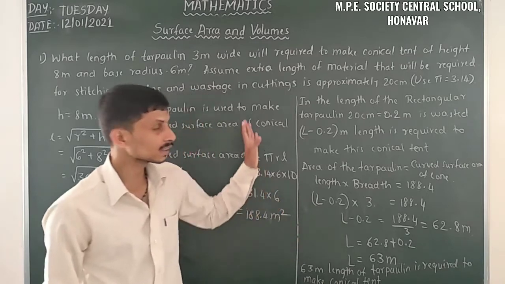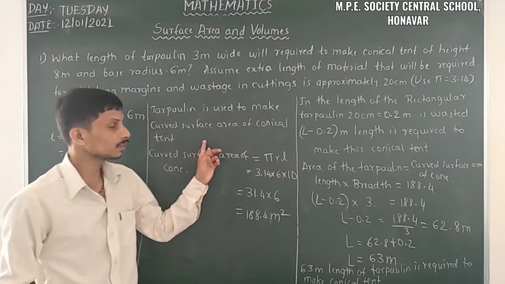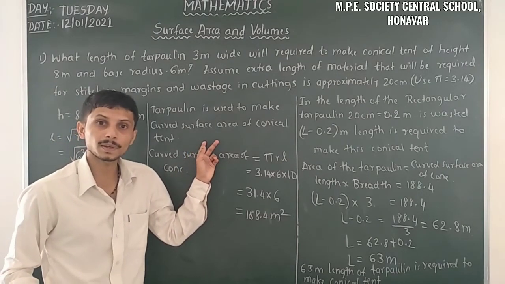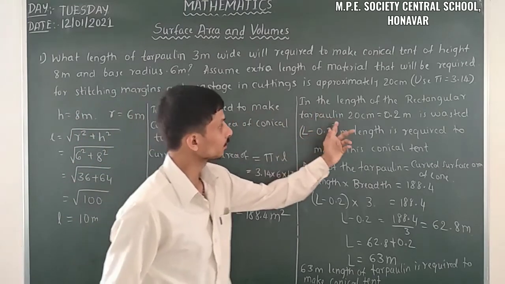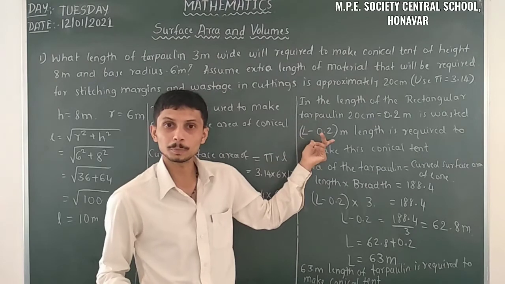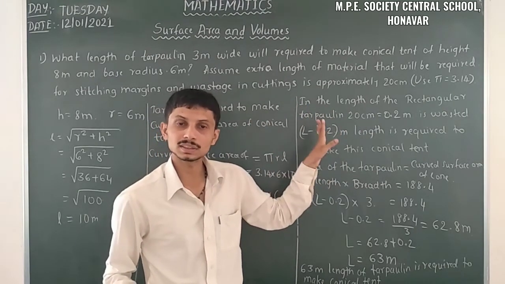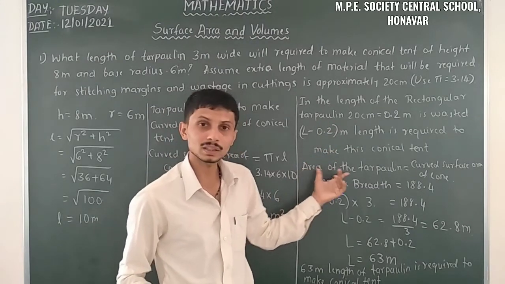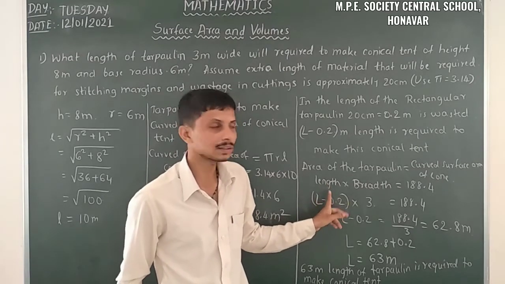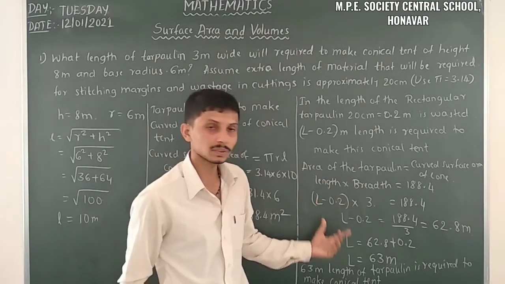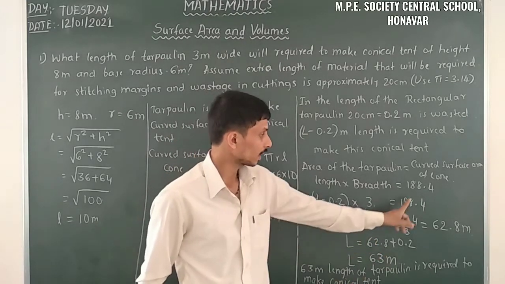Yes, so here is the solution of this problem. Firstly we find the slant height, and then the curved surface area, because tarpaulin is used to make the curved surface of the conical tent. Then we remove this 0.2 part because it is wasted for stitchings and cuttings, and then we equate the area of the tarpaulin to the curved surface area of the cone. The area of the rectangular sheet is length into breadth. In the length we inserted L minus 0.2, the breadth given is 3 meter, and we found the curved surface area.